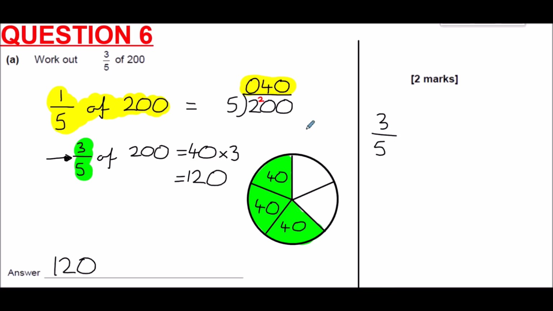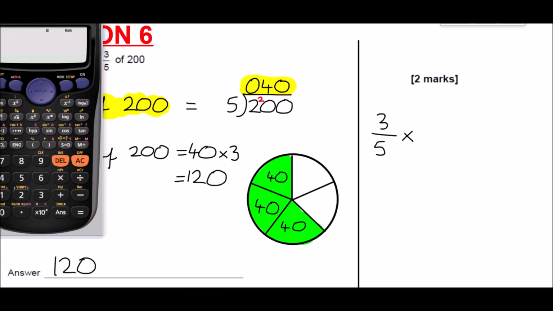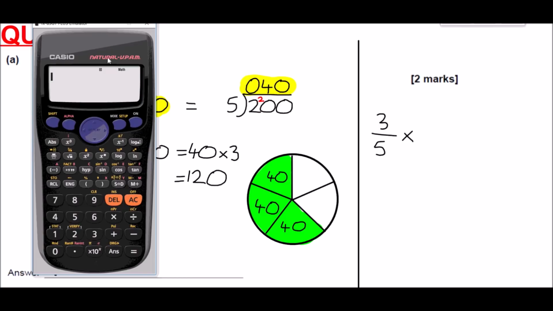Now to work out 3/5 of 200, we can multiply 3/5 by 200. I'm going to show you how you can do it on a calculator. I know you're probably thinking, but it's not a calculator paper, but just bear with me. I'm just going to show you how the "of" works as a multiply. You see we get 120.